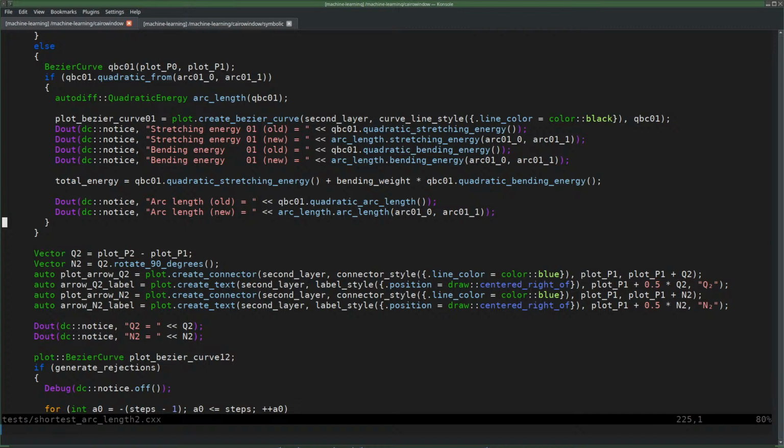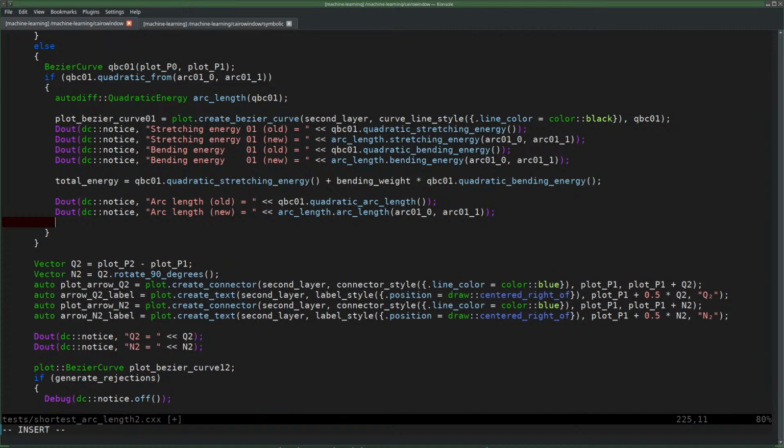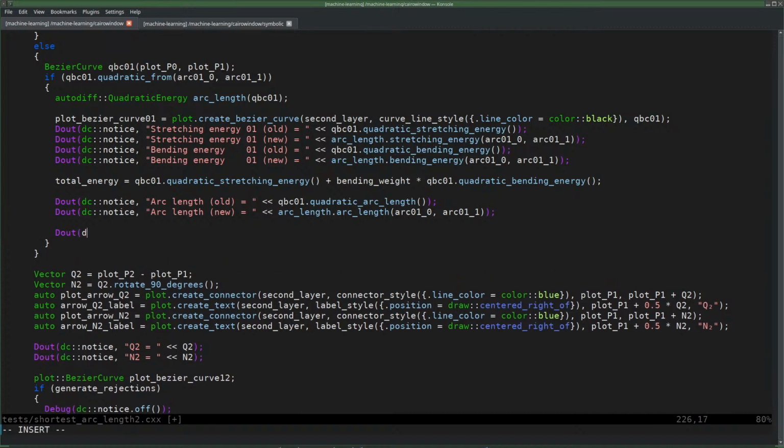I just feel like printing the whole formula. I want to see the formula. So let's say that we print here, D out, DC, notice, comma.